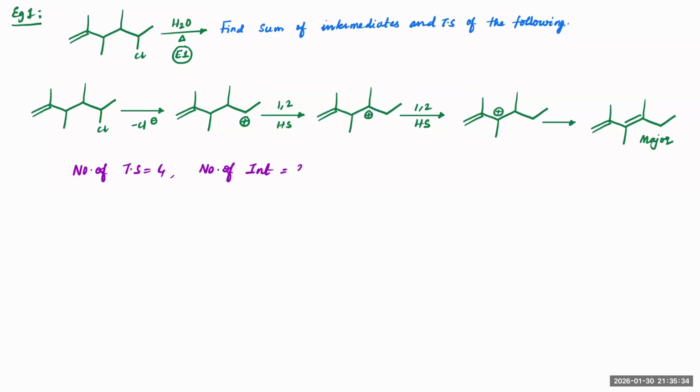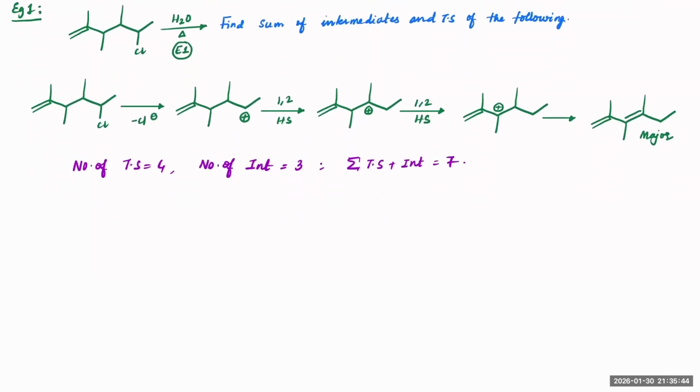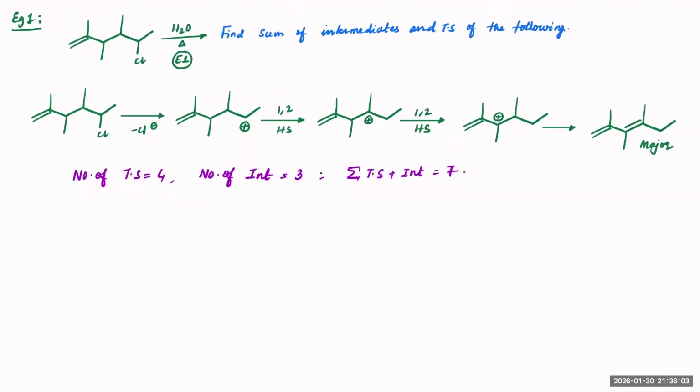So we have 3 intermediates. Therefore, the sum of transition states and intermediates is equal to 7. This is a very standard JEE question. You should know how many intermediates and transition states are observed in these cases. Clear? I hope all of you got that. Please make a note of it.